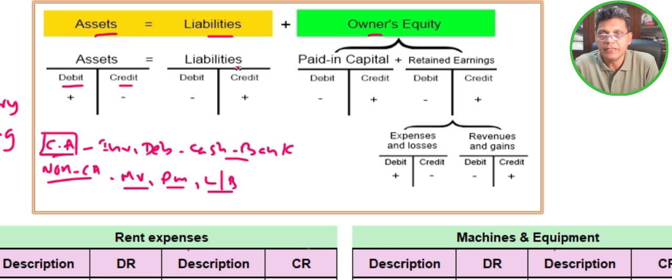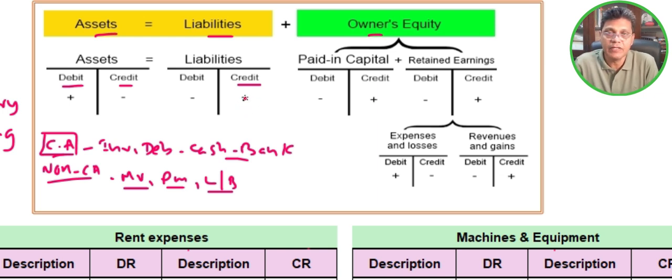Then liabilities, on the other hand: an increase in liability should be credited, because when you take a bank loan, or purchase items on credit from your creditors, your obligation towards the providers of finance and providers of materials will increase.